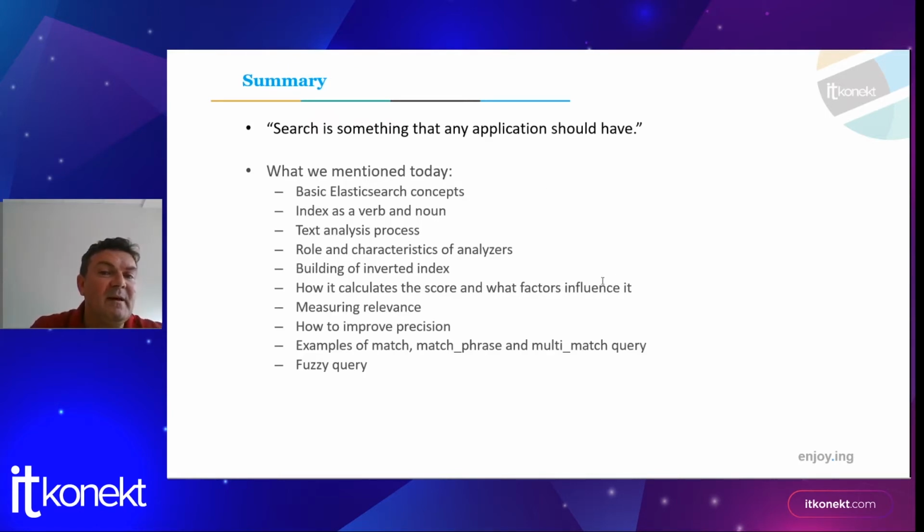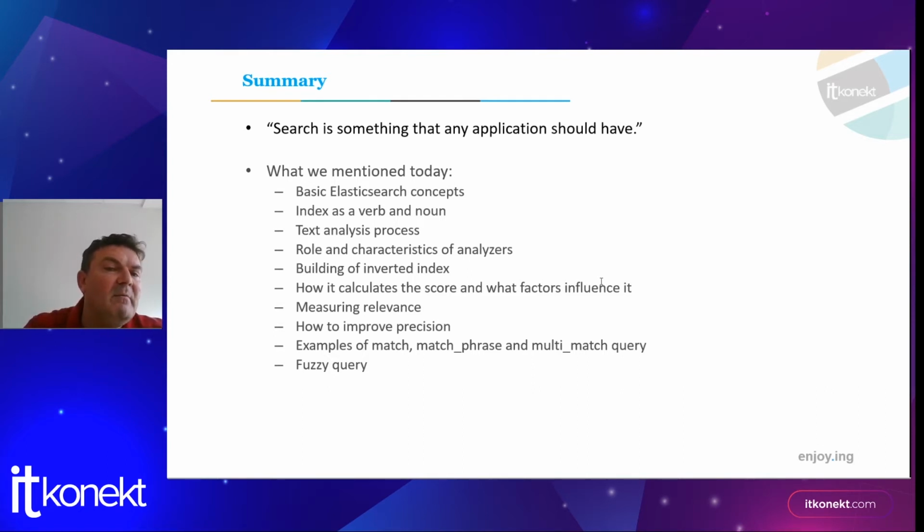Search is something that any application should have. Now, Elasticsearch has great full text search with a lot of functions and possibilities. It's impossible to even mention everything during this time, let alone explain in detail. But for this occasion, I have chosen to follow what is happening with the documents we store in Elasticsearch, starting from their indexing to searches.